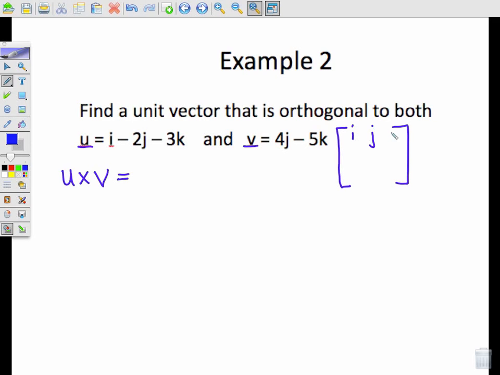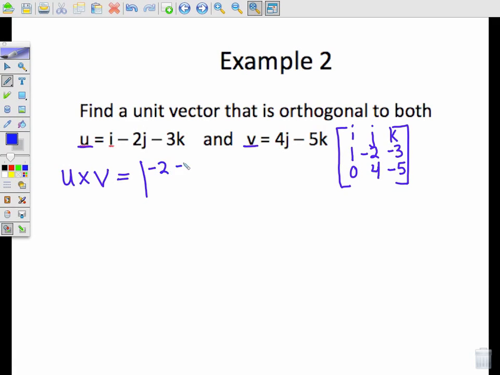So we've got i, j, k, 1, negative 2, negative 3, and so that's i, j, and k. I don't have an i here, so that's 0, 4, and negative 5. So we've got the cross product. Let's go ahead and do our determinant.